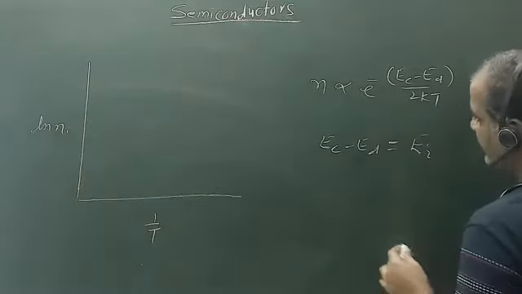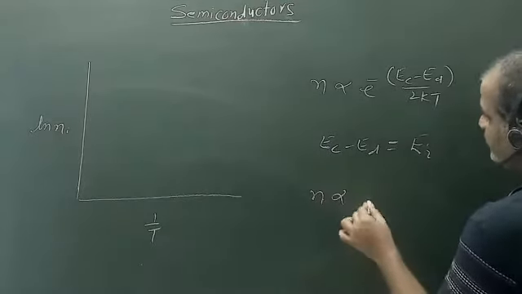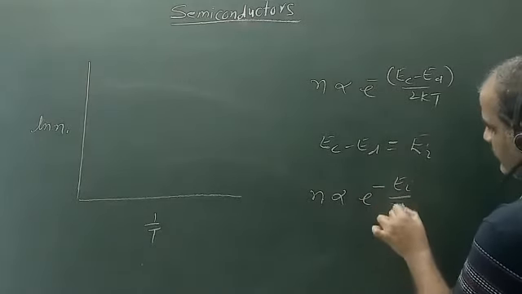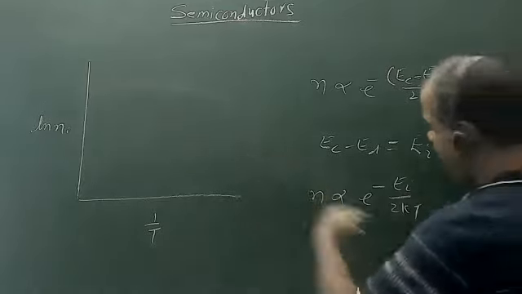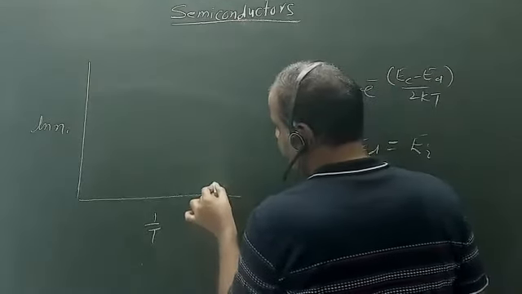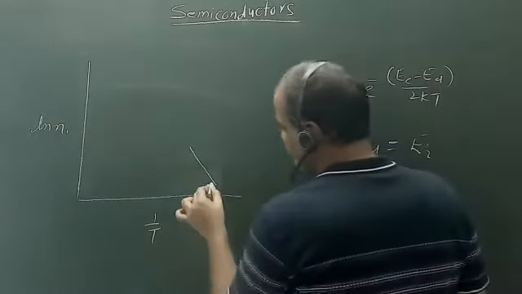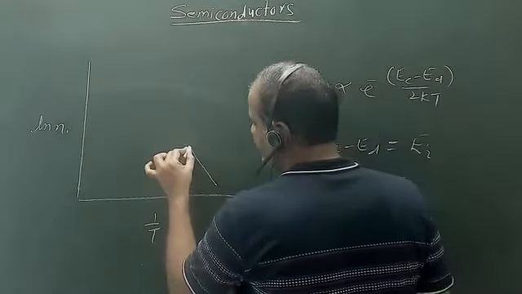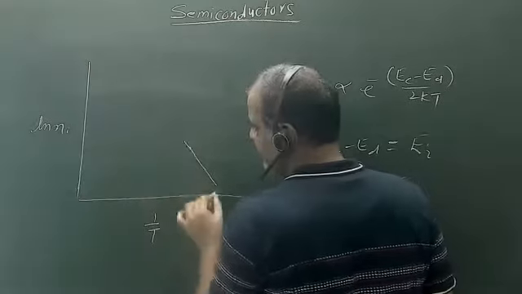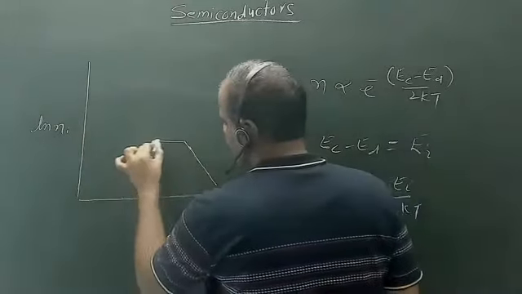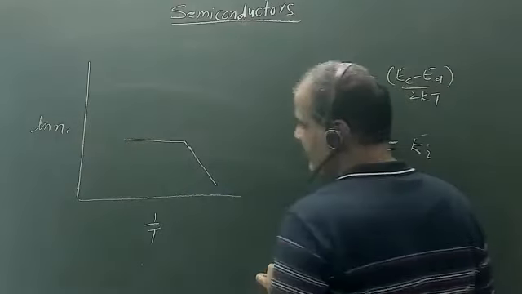So n is proportional to e to the power minus Ei upon 2kT. If I take the log, this gives a line with negative slope. This is the low temperature region. If I go to medium temperature, the concentration is almost constant, so this is my medium temperature range.